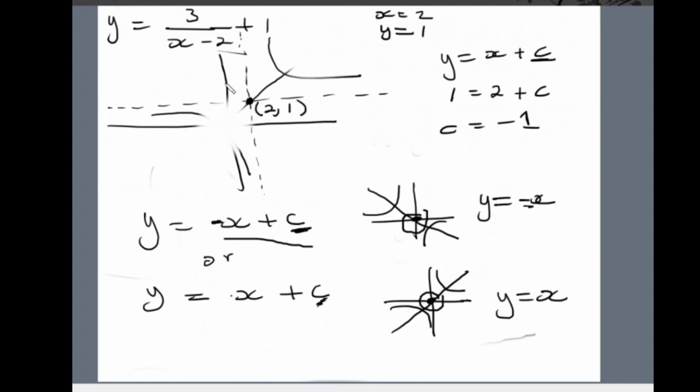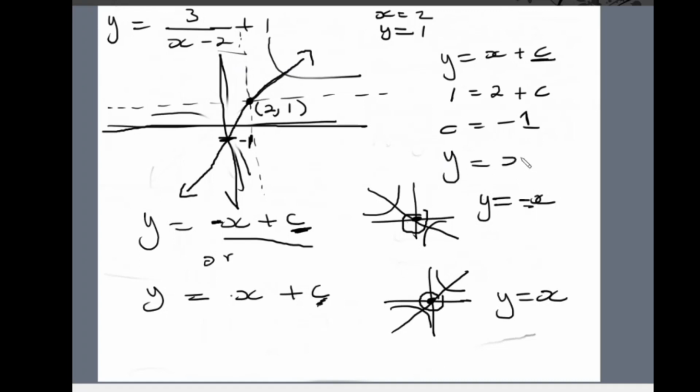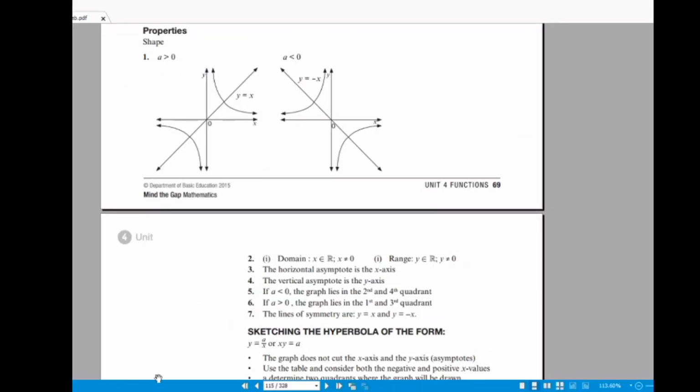So my sketch should sort of look like this. It will intersect the y-axis at minus 1. So now the equation of the line of symmetry will be y equals x minus 1. Okay, I hope it makes sense.